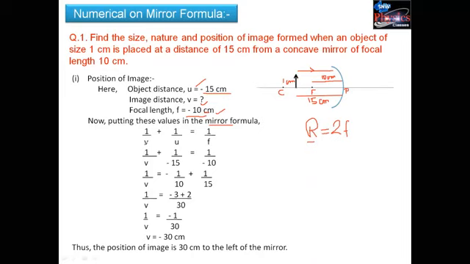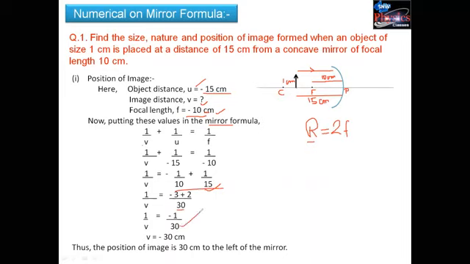Okay, now using the mirror formula, that is 1 by v plus 1 by u is equal to 1 by f. We will put all the values here and to find out the value of v, we will solve this addition. ठीक है, ये हम लोग सिंपल जो हमारा फ्रैक्शन का एडिशन होता है उसी तरह से इसे हम लोग सॉल्व करेंगे बाय टेकिंग एलसीएम ऑफ 10 एंड 15. ठीक है, 10 और 15 की एलसीएम लेंगे यहाँ पे, ये हो जाएगा मेरा 30 and we will do here minus 3 plus 2.